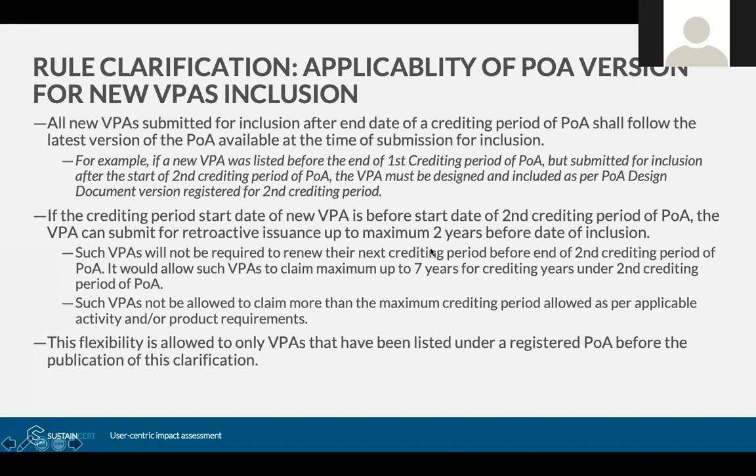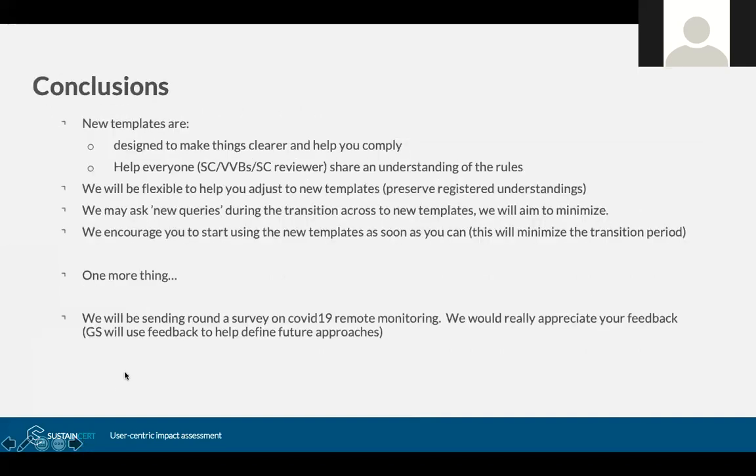So any VPAs which were already listed under a registered POA before August this year can make use of this flexibility. All right, so those were some of the recent rule updates and clarifications released by Gold Standard.